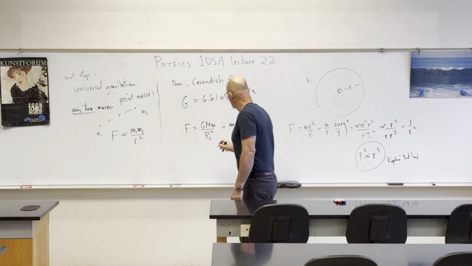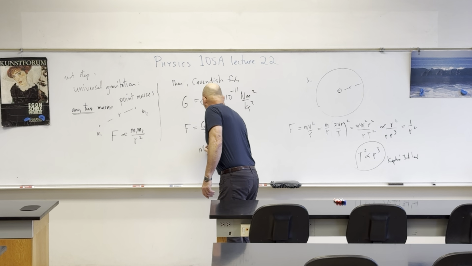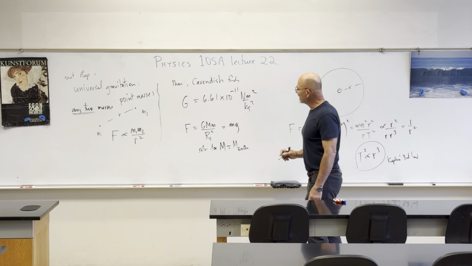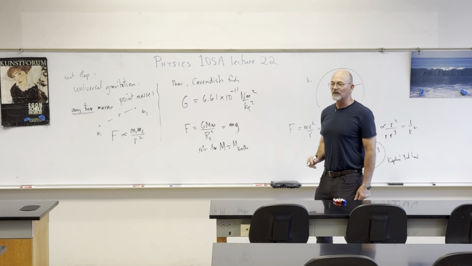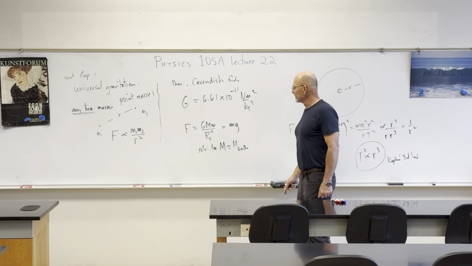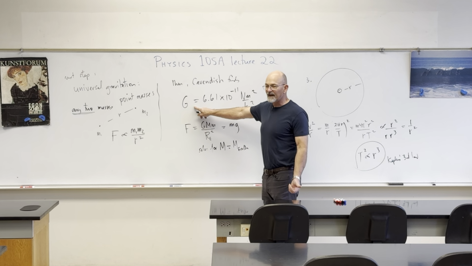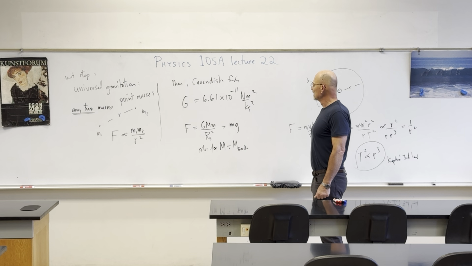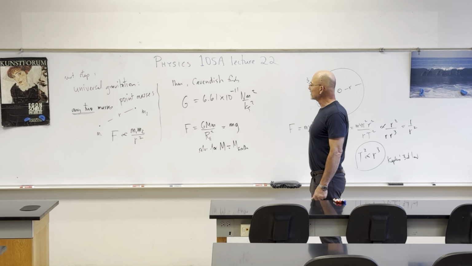Solve for it. I think Cavendish said that he has now weighed the Earth, right? He's been able to determine the mass of the Earth, but only when he actually found out what the gravitational constant is. Good. So that's the progression of ideas.